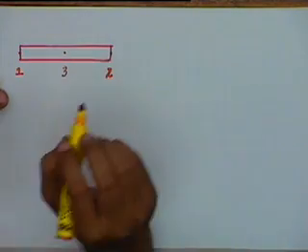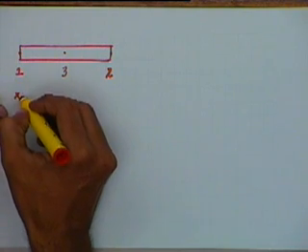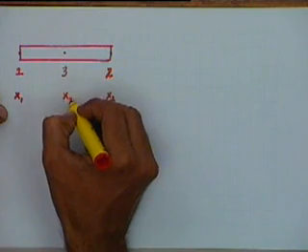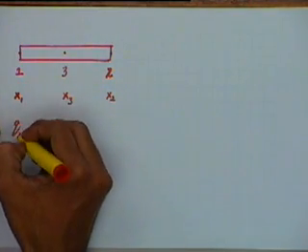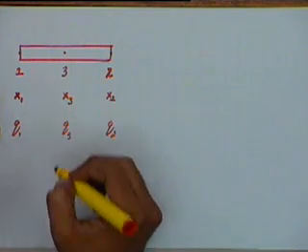So now we have three nodes. The positions are x1, x2 and x3, and the deformations will be q1, q2 and q3.